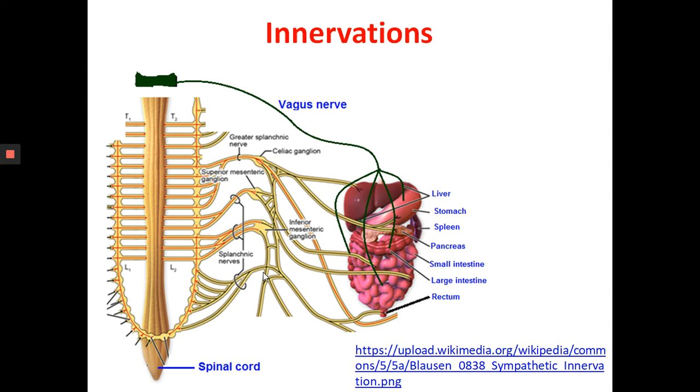The thoracolumbar nerves from the 10th thoracic vertebra, from T10 to the L2 vertebra, are responsible for the sympathetic inhibitory actions of the large intestine.